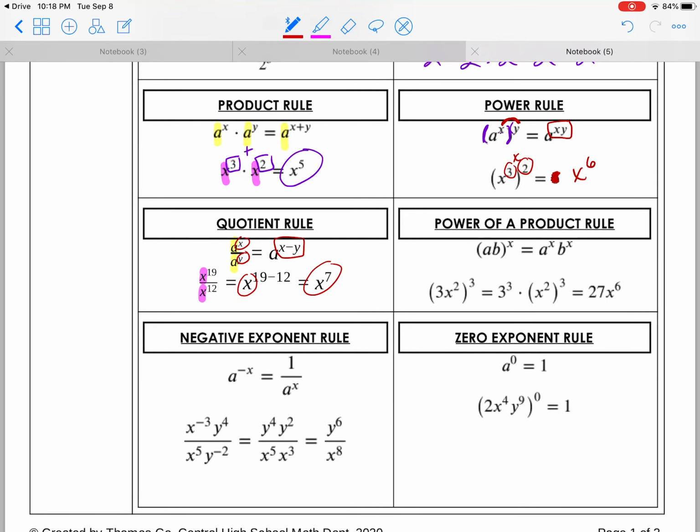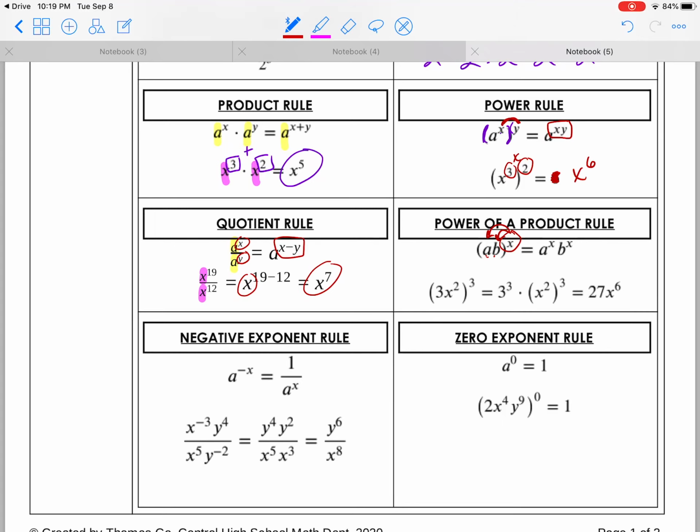The next one is the power of a product rule, which says if I have two bases, such as a and b, that are being multiplied, and then both of those are being raised to an exponent on the outside, I can take that exponent and distribute it to both bases. So that would be a to the x times b to the x.